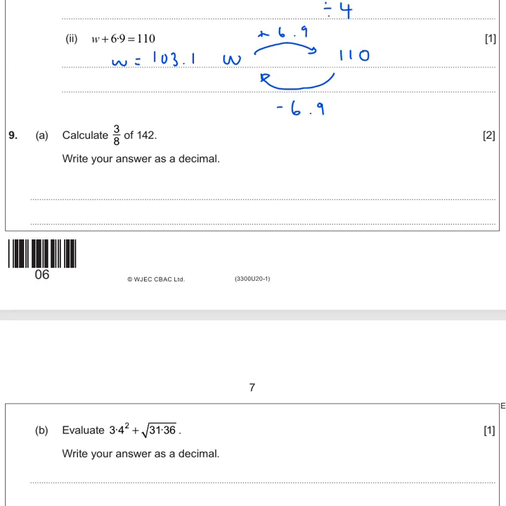Question 9 asks us to calculate 3/8 of 142. So if we think about 3/8, we've got 1, 2, 3, 4, 5, 6, 7, 8. So if we think about the fraction, what does this mean?